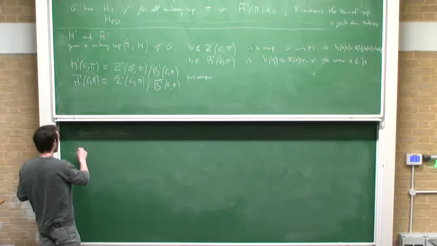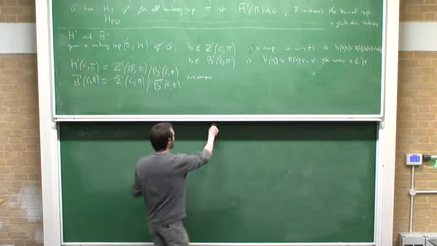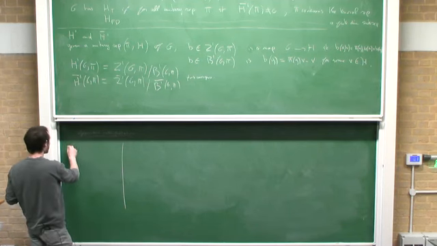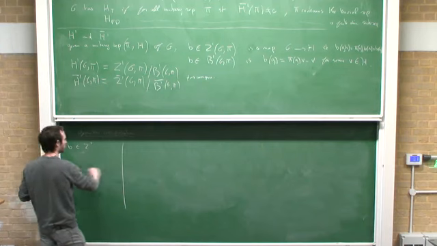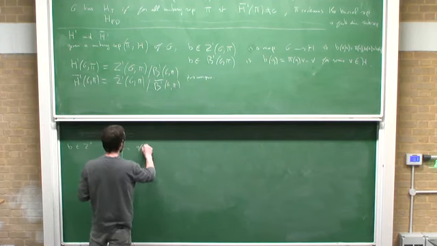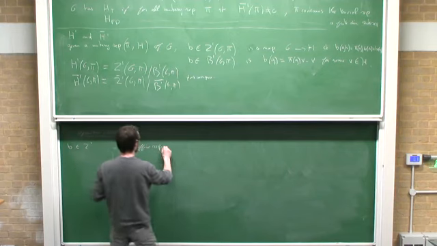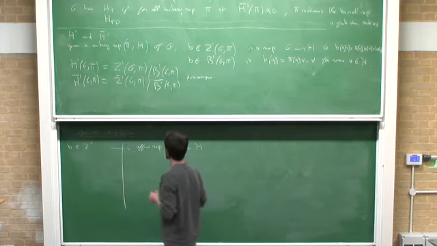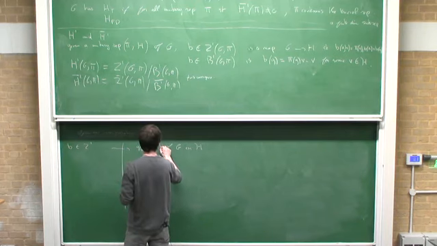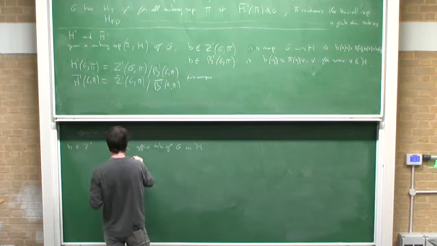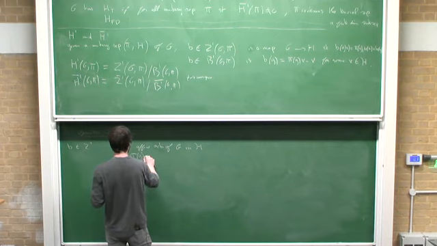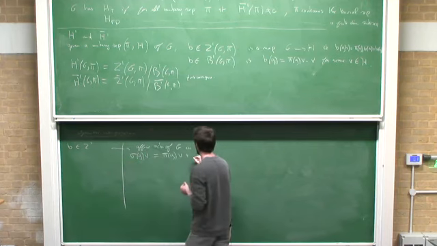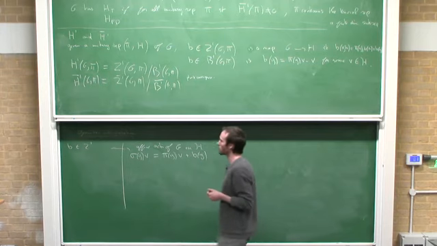If you take a cocycle, it gives rise to an affine isometric representation of G on H, an affine action on H, by the formula sigma of G applied to a vector V is pi of G of V plus some translation part which happens to be your cocycle.